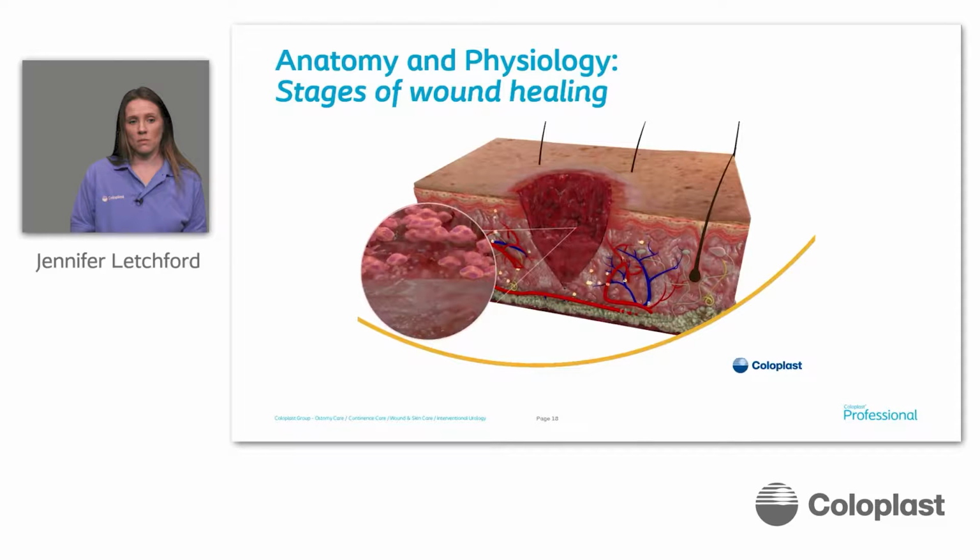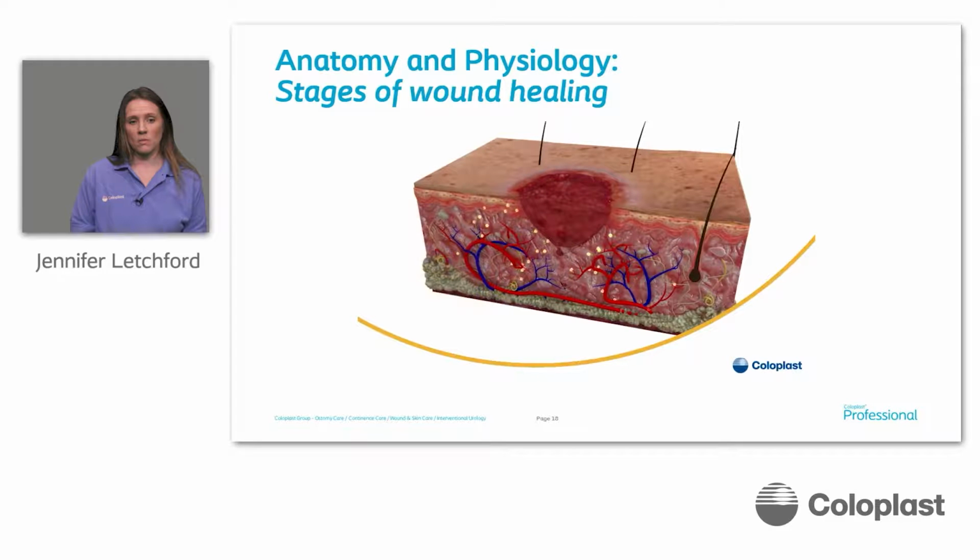They migrate into the wound site from the surrounding tissue and start to multiply. In the last part of the proliferation phase, the wound is made smaller by wound contraction. Wound contraction is brought about by specialized fibroblasts with contractile properties called myofibroblasts.